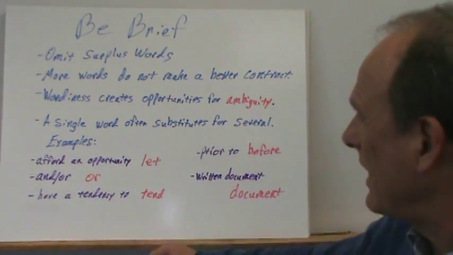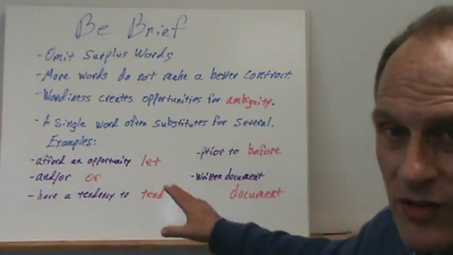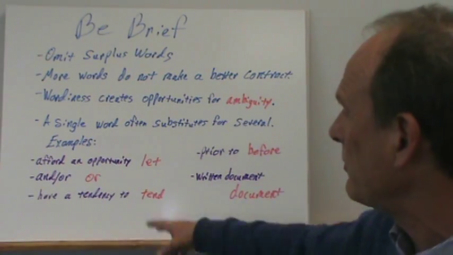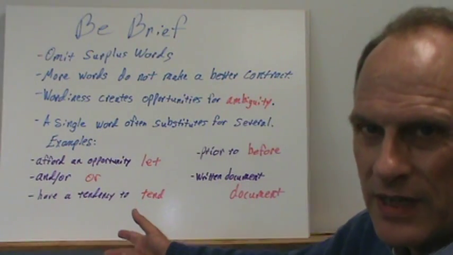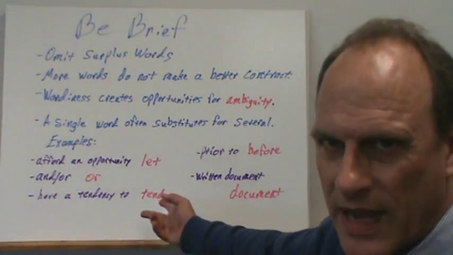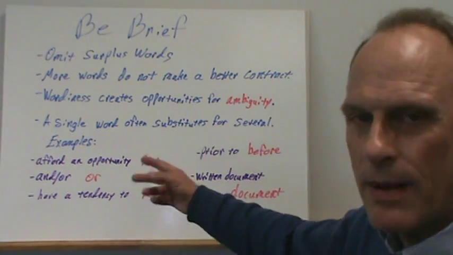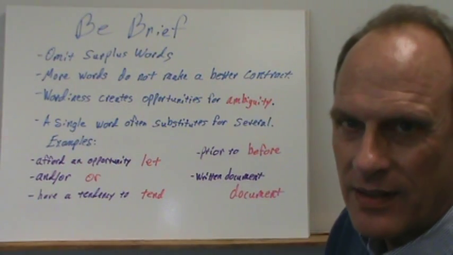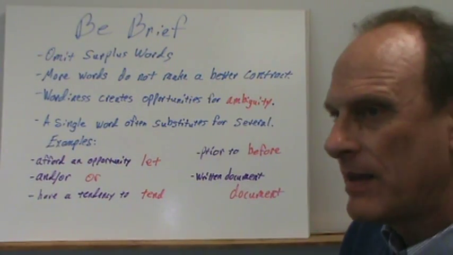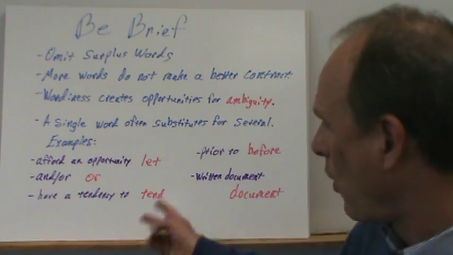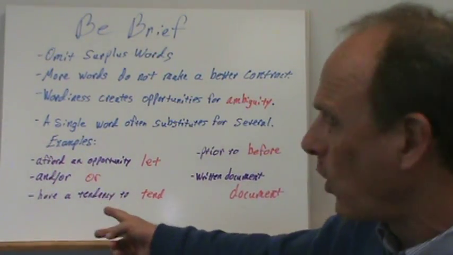Look at these examples. These aren't necessarily contract examples, but any kind of writing. Afford an opportunity. Well, why don't we just say let something happen, rather than afford an opportunity for something to happen? And/or, you see that in a lot of legal writing, and maybe lawyers just can't break ourselves of using that, but or works just as well as and/or.